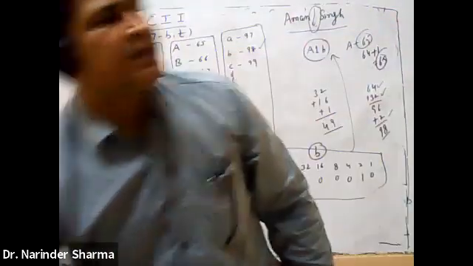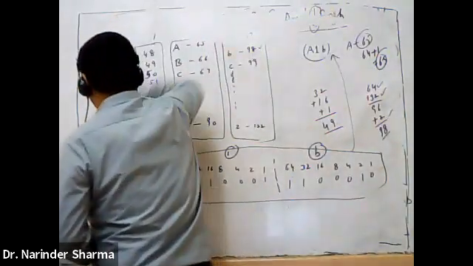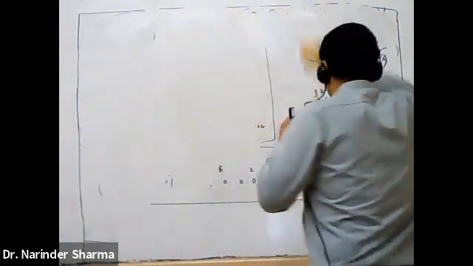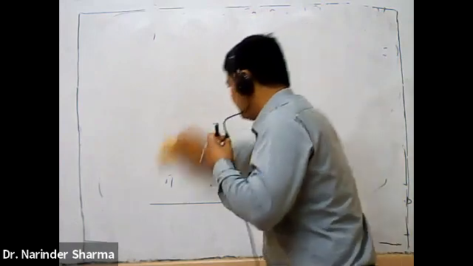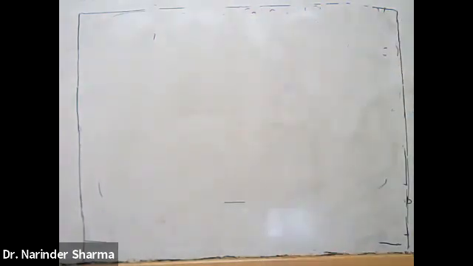We will pursue the next topic, which is the parity checker. Parity checker may be even parity or odd parity. You should make the parities accordingly, either for even parity or odd parity.